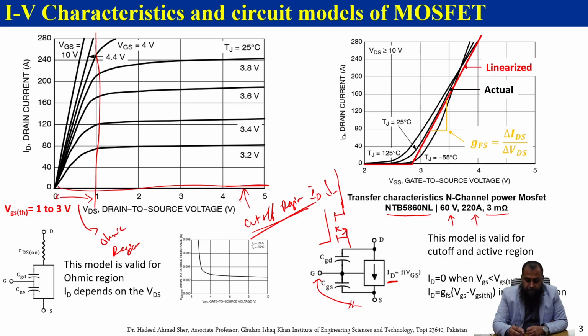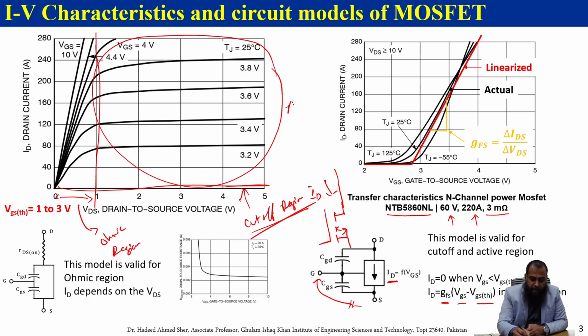Beyond this, ID is a function of a transconductance parameter multiplied by VGS minus VGS threshold, and this is used to model the MOSFET in this region, which we call the active region. This transconductance parameter is an important parameter, and it is usually given in the data sheets.